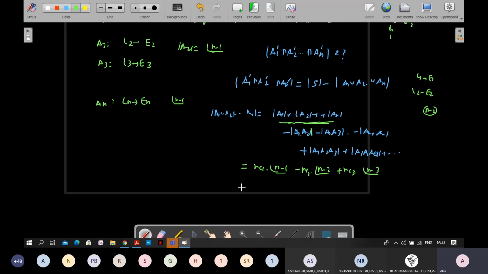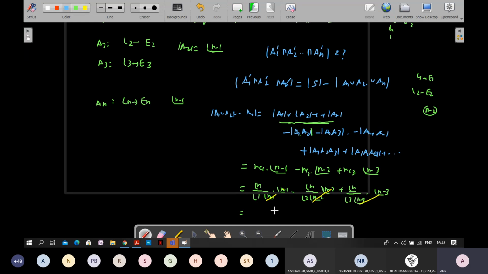If I write n choose 1 as n factorial upon 1 factorial times (n-1) factorial, times (n-1) factorial, minus n factorial upon 2 factorial (n-2) factorial times (n-2) factorial, plus n factorial upon 3 factorial (n-3) factorial times (n-3) factorial, and so on, then this cancels, this cancels, this cancels.